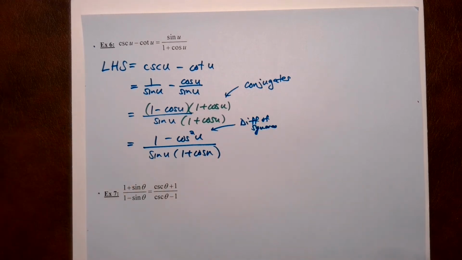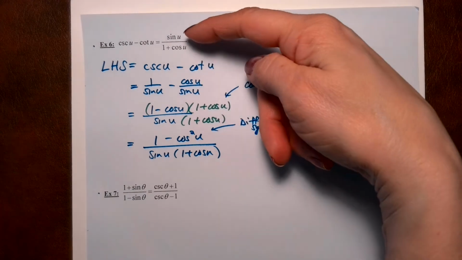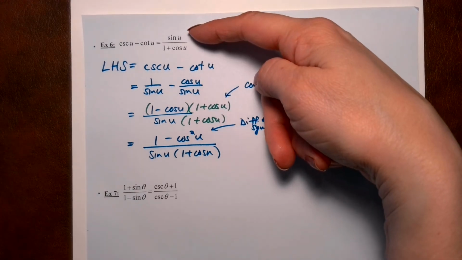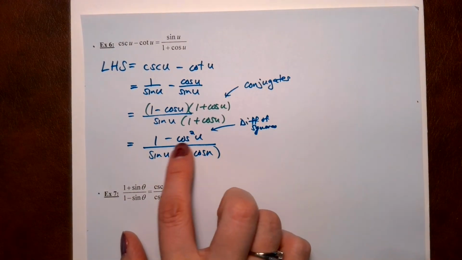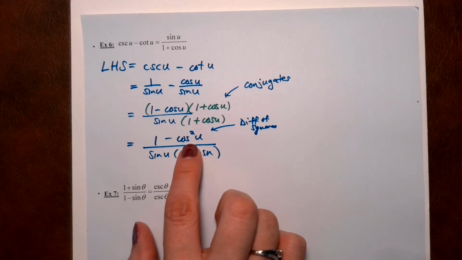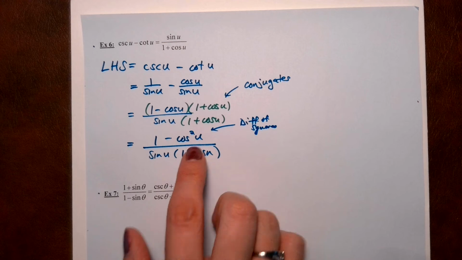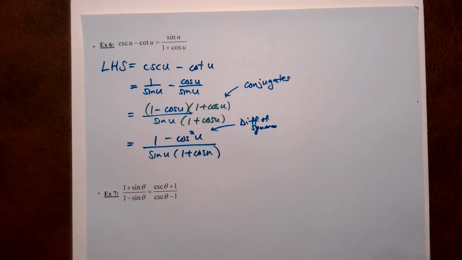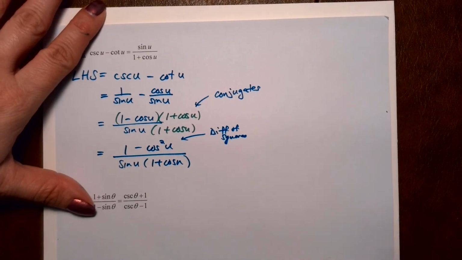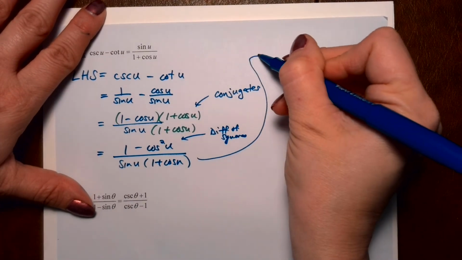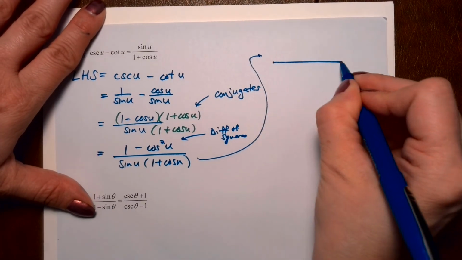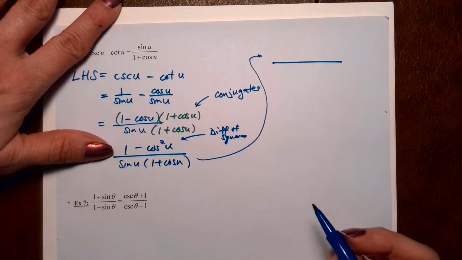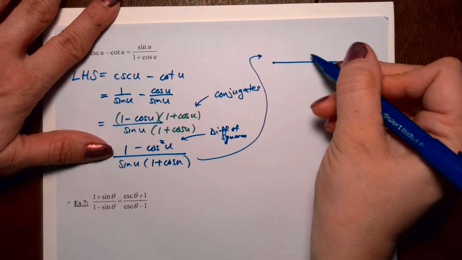Now remember, let's see what we're trying to make. We're trying to make sines in the numerator, so we have to get rid of cosine squared. It is a square, so why don't we think about some Pythagorean identities? In the numerator, 1 minus cosine squared, how can I write that?